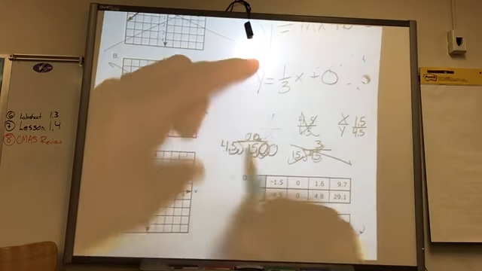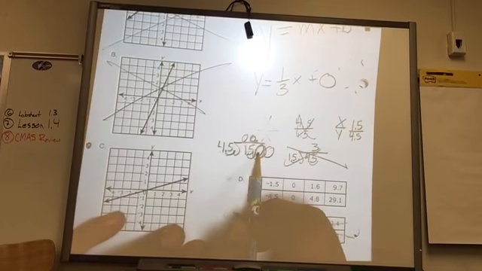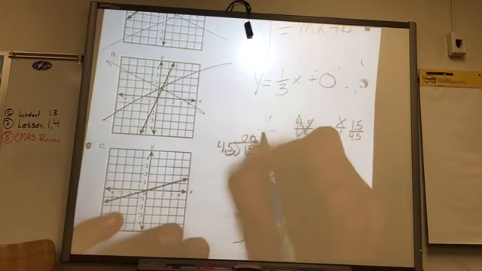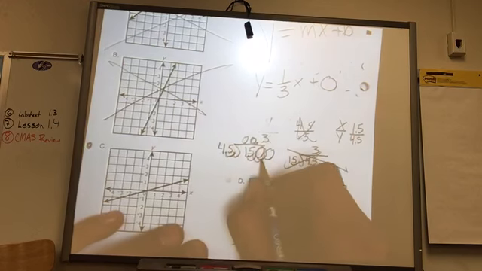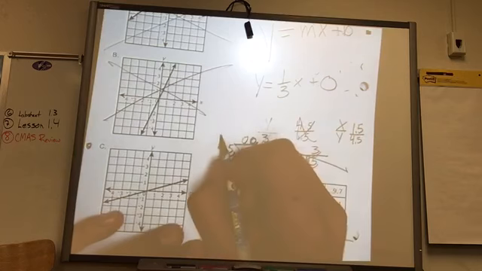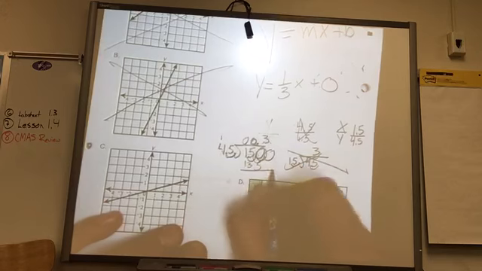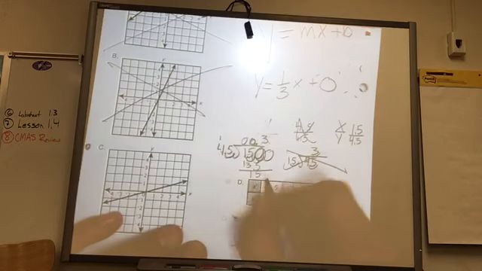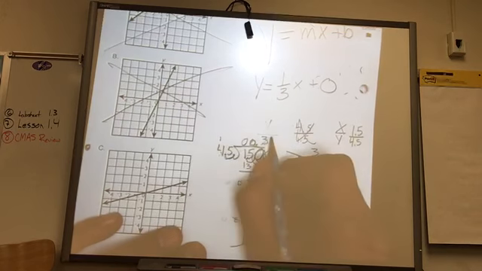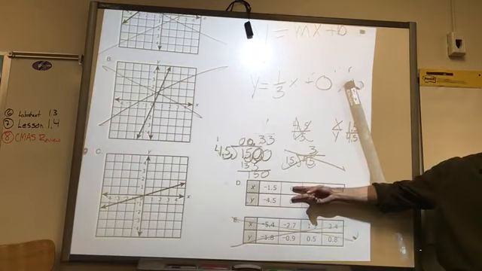How many times does 45 go into 150? 3 times. 3 times 5 is 15. 3 times 4 is 12 plus 3 is 15. And then again, I bring down the 0. Another 150. So this is 0.33. The rate here is 0.33.